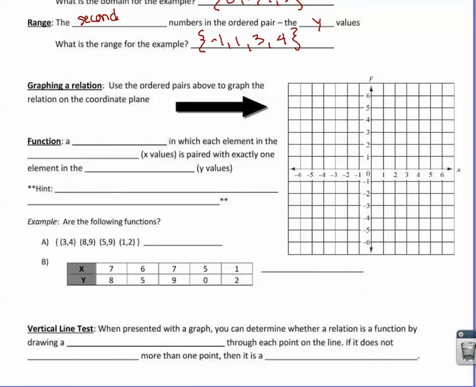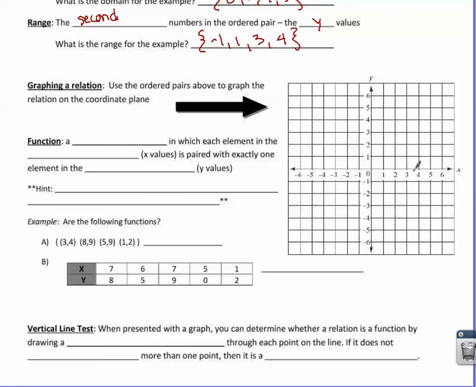When graphing a relation, you want to use the ordered pairs above to graph the relation on a coordinate plane. Looking at our table, we had 4, 3. Remember, you start at the origin.